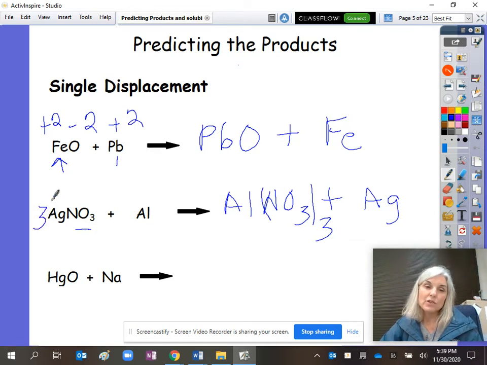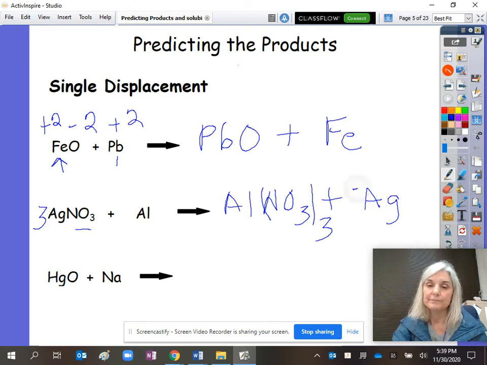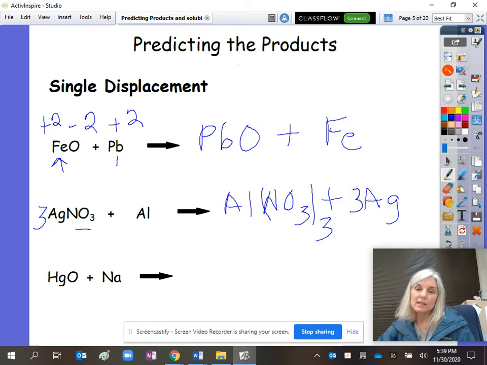But that also changes our silver to 3, so we need to put a 3 over here. And so that is our balanced equation. All right, if you'd like to pause the video and see if you can rearrange this one.